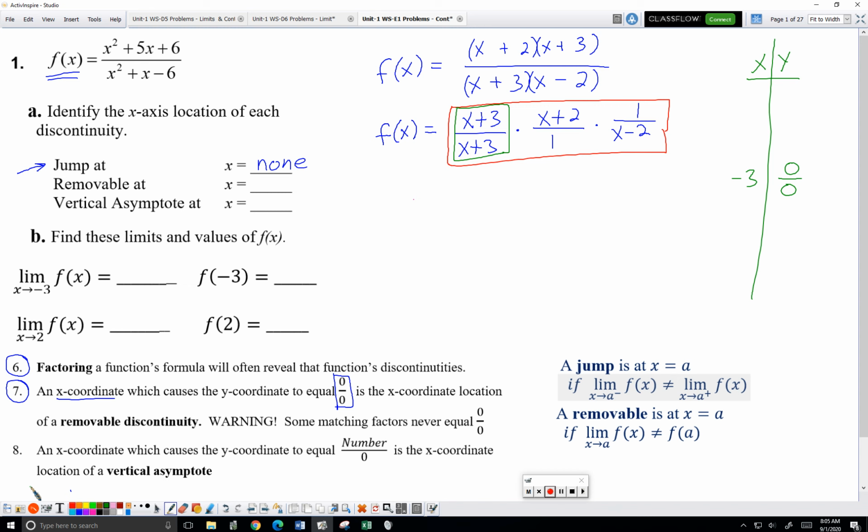Okay, look at your notes. Make sure you read this. It's a favorite thing to do on the AP test. You factor everything out, and one of the factors ends up being something like this.